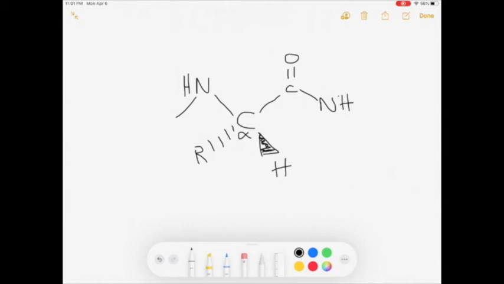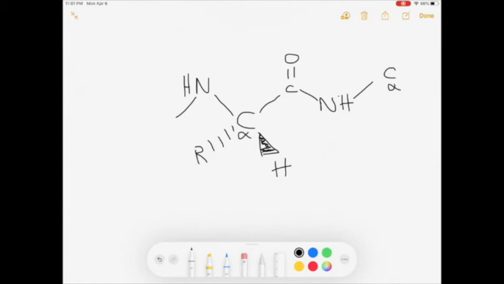Okay, so with the alpha carbon, we would have another alpha carbon over here. The bond between the carbonyl carbon and the nitrogen is kind of like a double bond where it has no rotation around it. The double bond is kind of shared with the nitrogen, so it doesn't rotate.